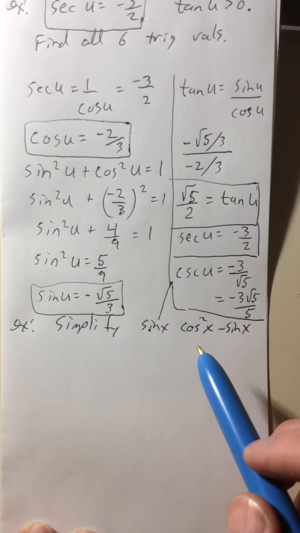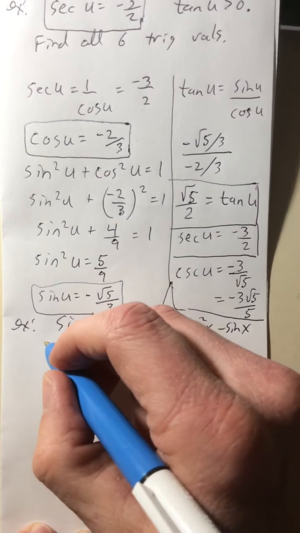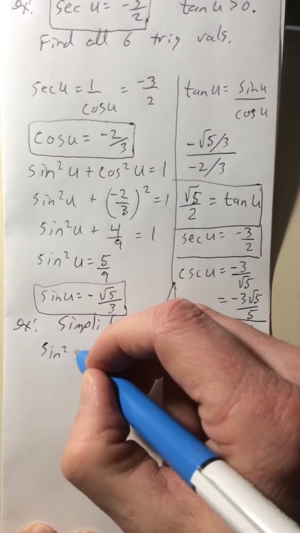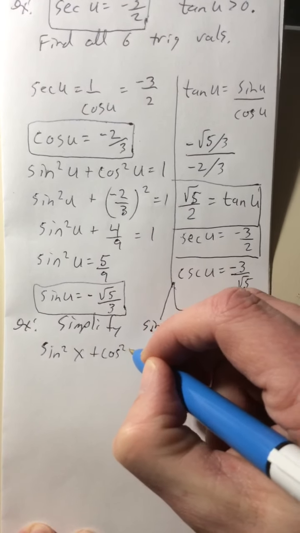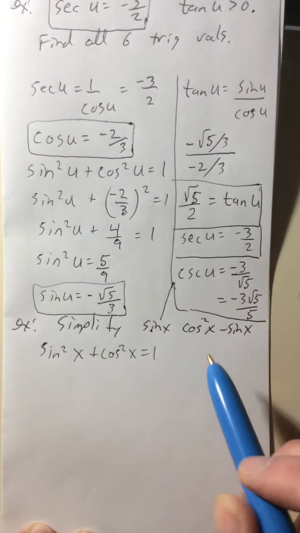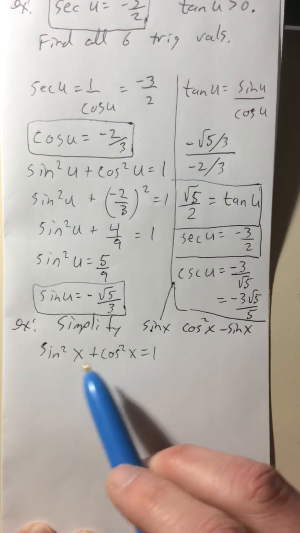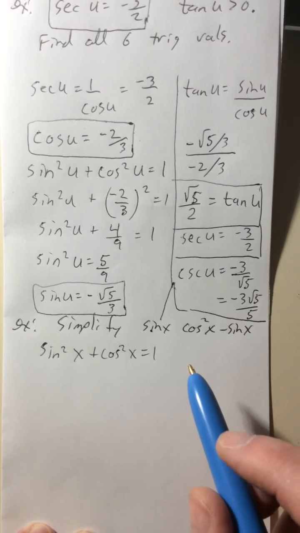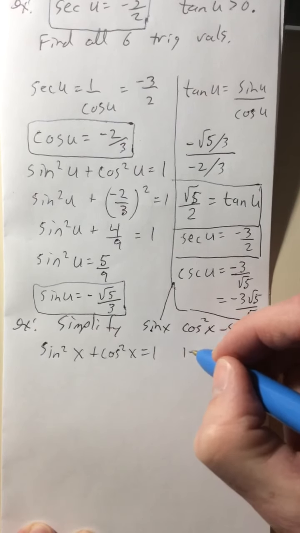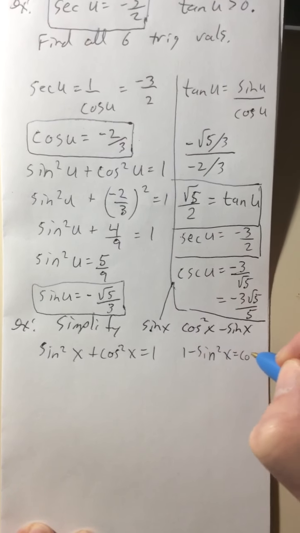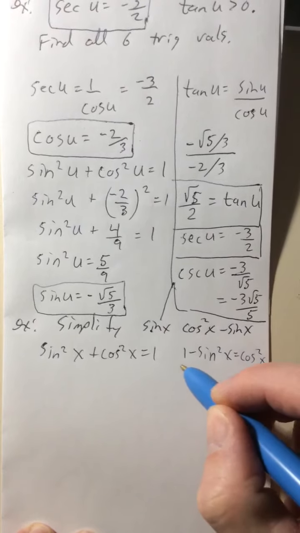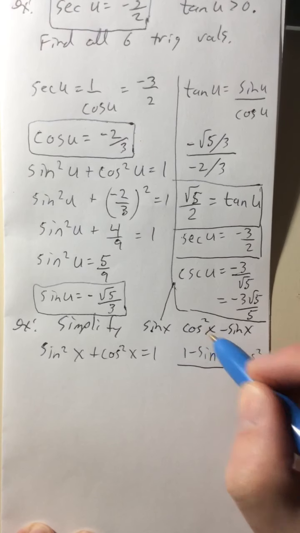We know that it's somehow related. So we remember that the sine squared of theta, or x in this case, plus the cosine squared of x equals 1. And now we know the cosine squared of x is just 1 minus sine squared. So 1 minus sine squared is cosine squared. So we're just going to use this and substitute into there.